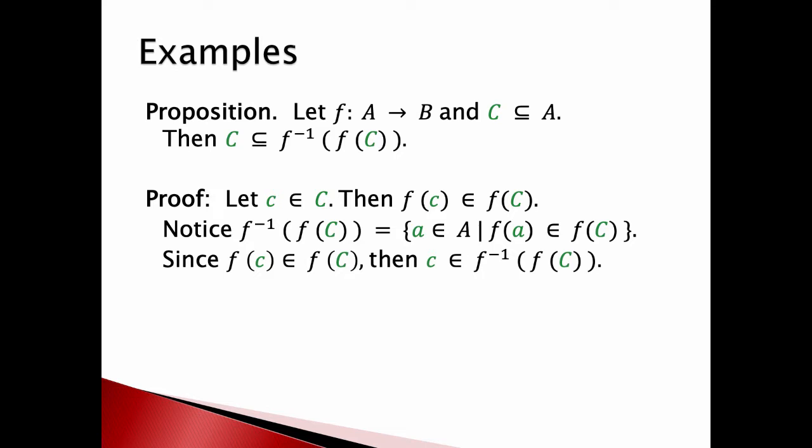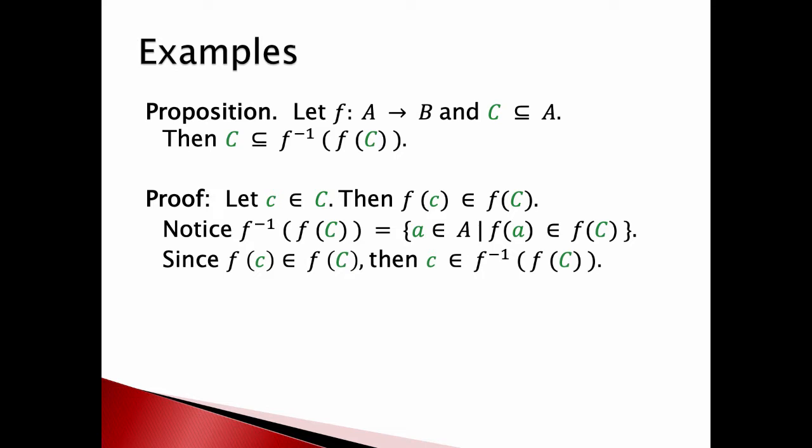Okay, so I picked my little c. Now the whole deal with the image of a set is that the image of C, which we called F of C, is the set of all F of little c's, where the little c's came from C. So clearly, F of c would be an element of the image F of C. Now, what was the pre-image of a set?